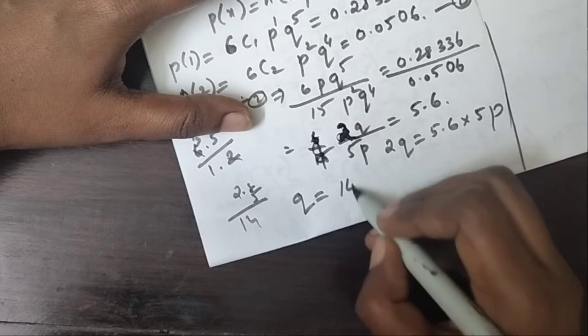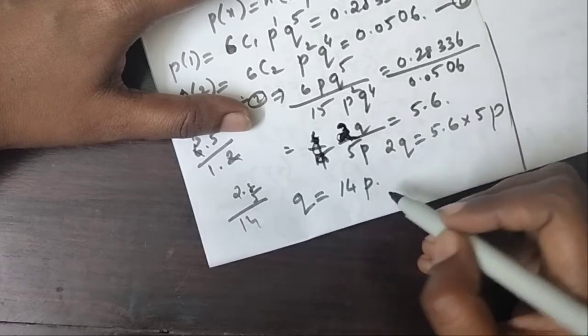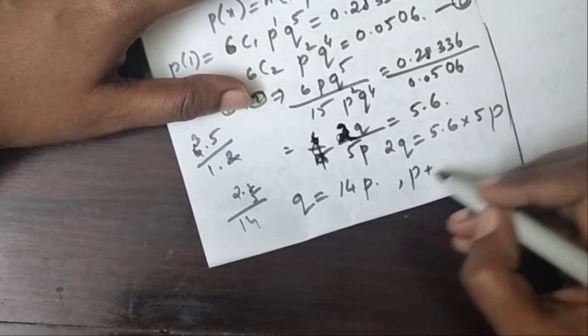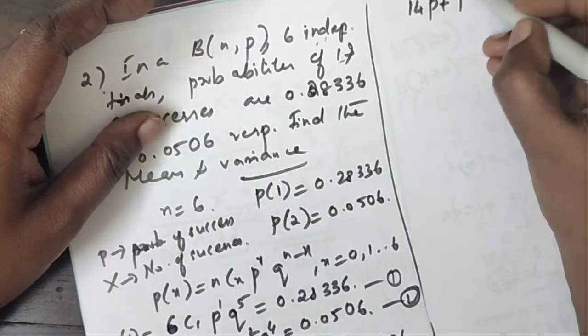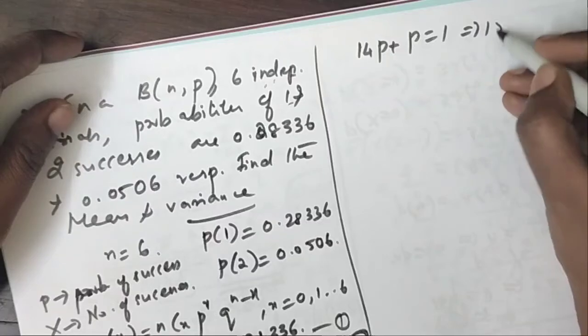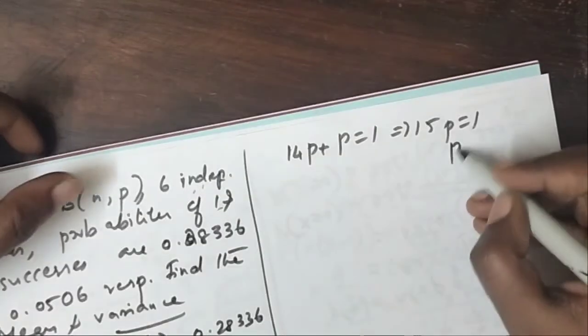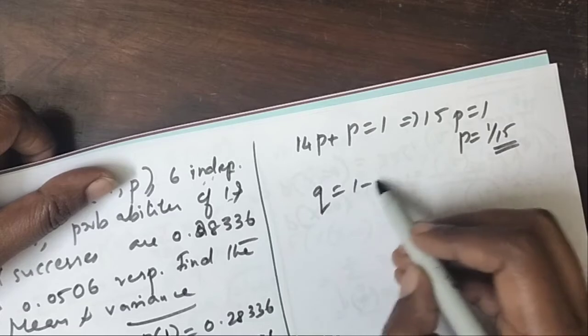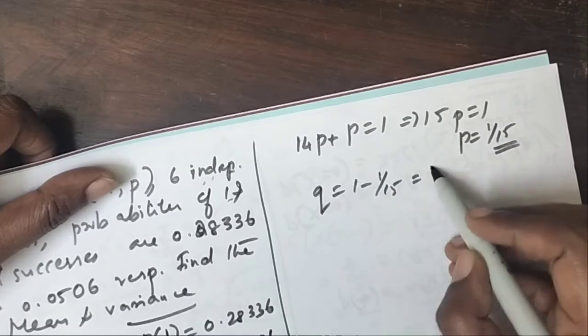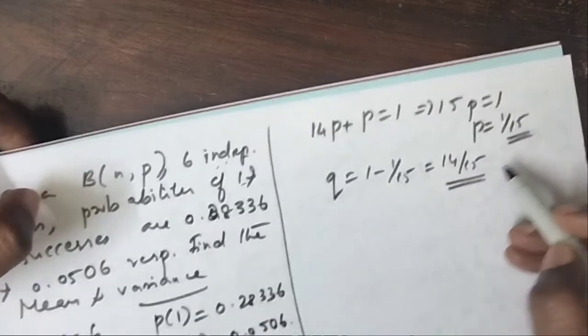So it is 14p. Okay, q is equal to 14p. And we know that p plus q is 1, and q is 14p. So 14p plus p is 1. That means 15p is 1. So p is 1 by 15. If p is 1 by 15, q is 1 minus 1 by 15, which is 14 by 15.